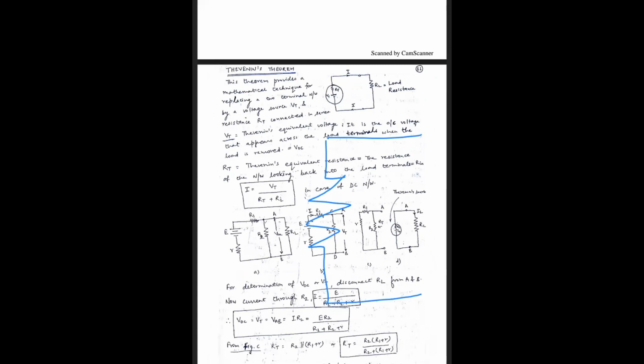Suppose this is part of the circuit, with some battery source and a load resistance connected here. We have to calculate the open circuit voltage, so this resistance is removed and the circuit is made open. This is the open circuit voltage.